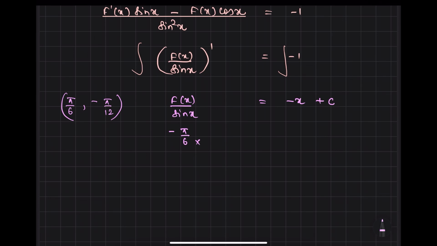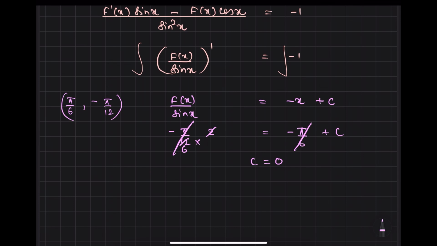So sine of 30 will become 1 by 2. So 1 by 2. And then we have minus pi by 6, f was pi by 12. Okay. So this thing will become pi by 12. So 2 and 12 will become 6. And if you observe, this thing is gone. So we are left with c. c is equal to 0.